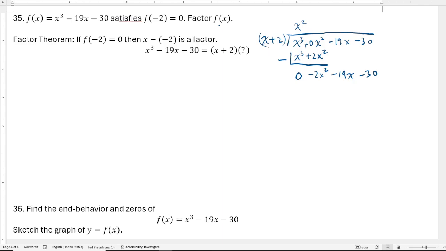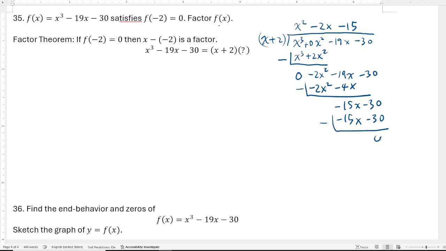Okay, now the next question is x times what gives you negative 2x squared? And the answer is negative 2x. Negative 2x times x is negative 2x squared. Negative 2x times 2 is negative 4x. Subtract, and you get negative 15x minus 30. And then finally you put negative 15, so that negative 15 times x is negative 15x, but 2 times negative 15 is negative 30, so when you subtract you get 0.